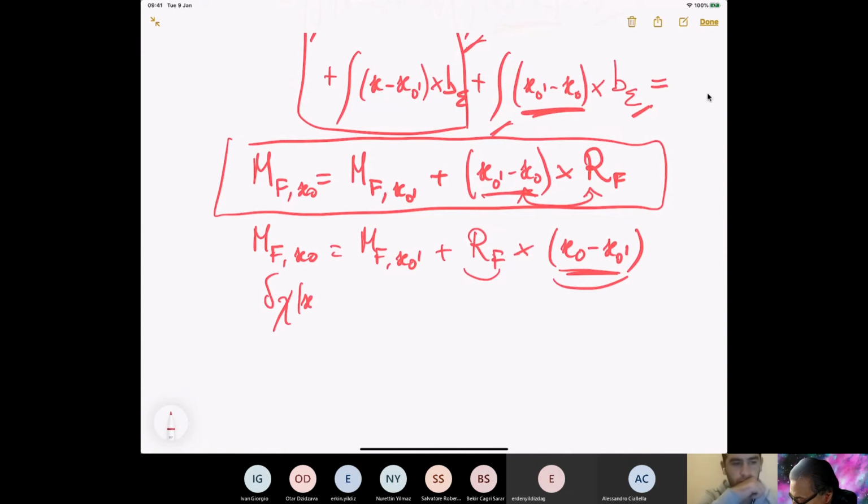And then you remark the obvious similarity of this equation with this equation.